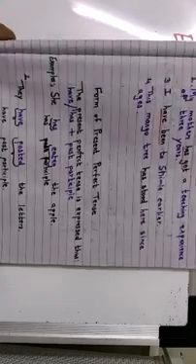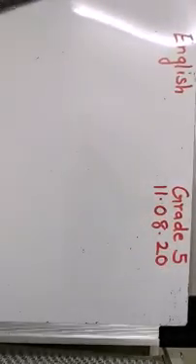I hope you are reading this, children. I have given this for reference so that you read it and understand. Now, what was the past participle, children? Remember these words?